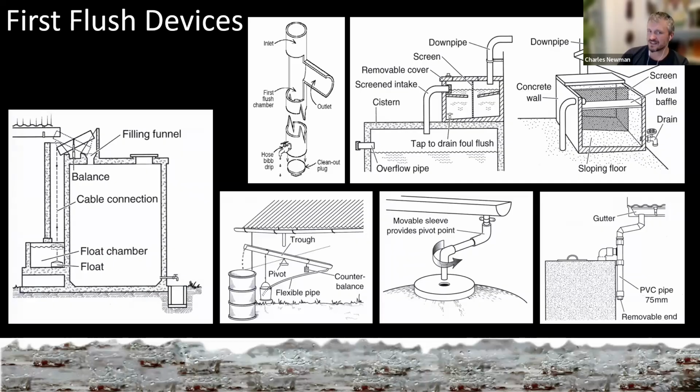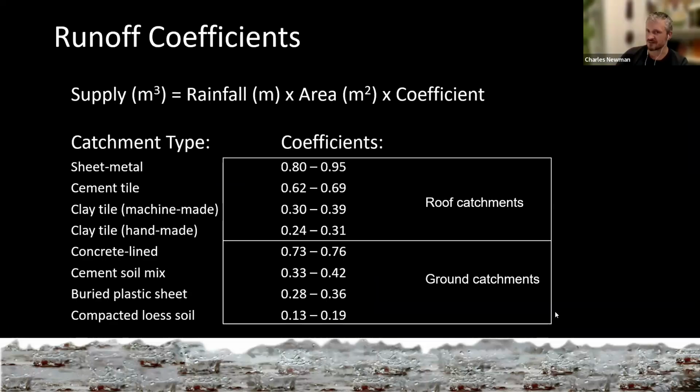So what are the calculations that I'm talking about? I mentioned runoff coefficients. Runoff coefficients are an essential constant that needs to be factored into your equation here. So as you can see, supply equals rainfall times the area times this coefficient. So what is the coefficient? Depending on the material of the roof, the amount of rainfall that will be shed off the roof can vary.